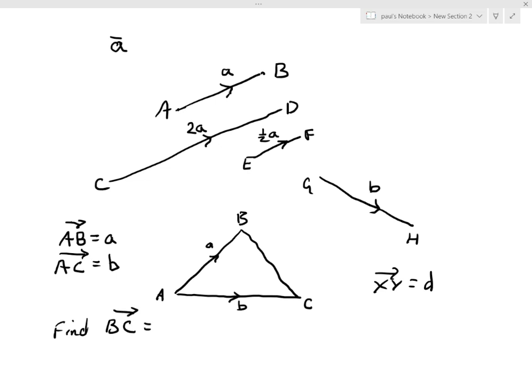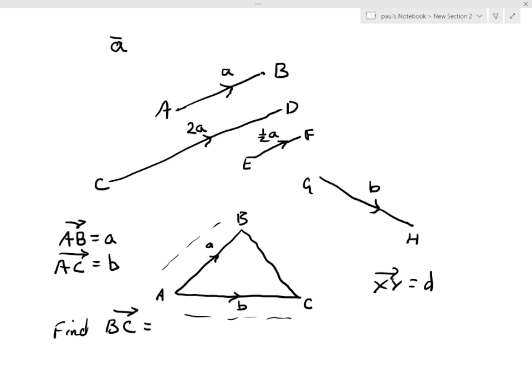Now, you can't go directly from B to C, but you can work out what direction it is and how long it is by using the other two vectors that we know. So to get from B to C, we're going to have to go around the long way, down to A and then across there. The first bit is from B to A, which is the A vector, but we're going against the arrow.